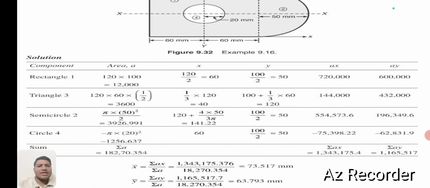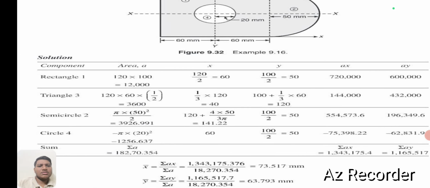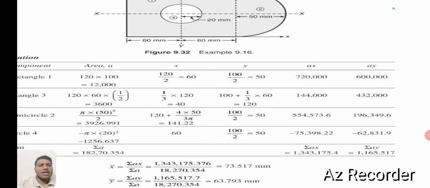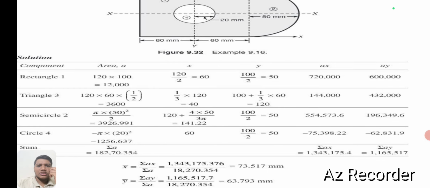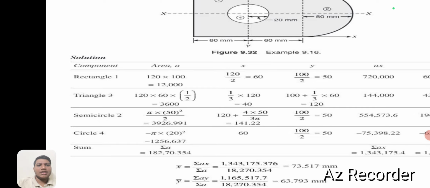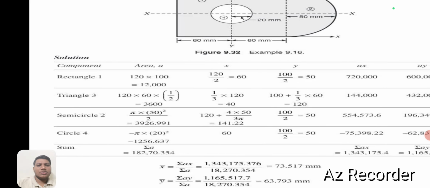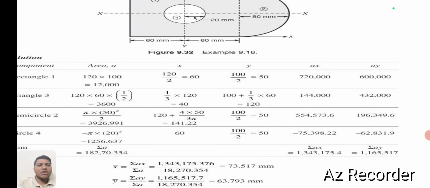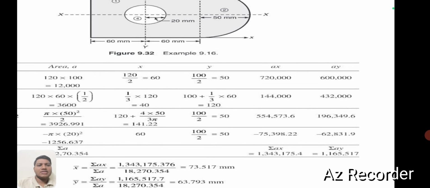Ax is A into x, minus 1256.637 into 60, that is minus 75398.22. To find Ay, it is minus 1256.637 into 50, which is minus 62831.9. And we find the sigma of area, that is 18270.354, the sigma of Ax, that is 1343175.4, and the sigma of Ay, that is 1165517.